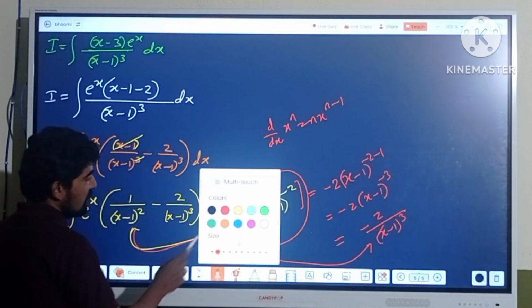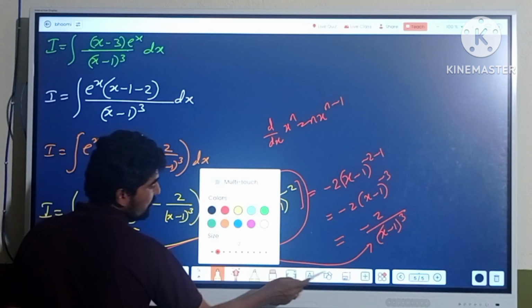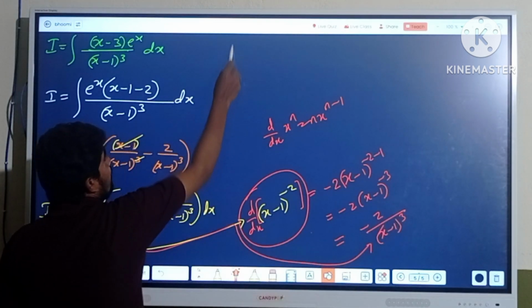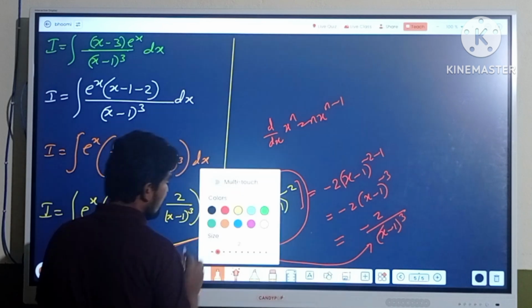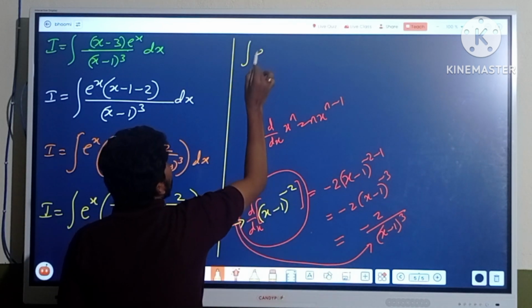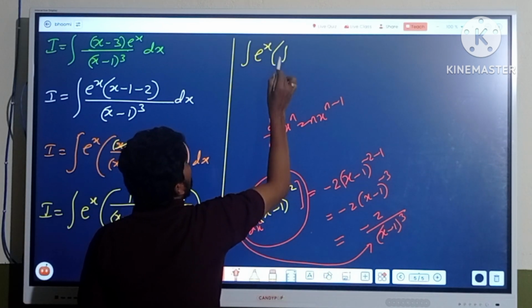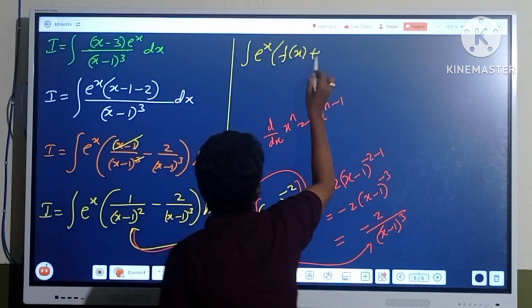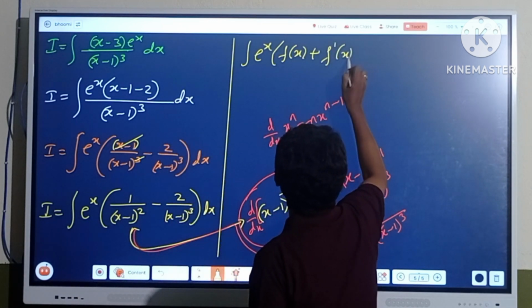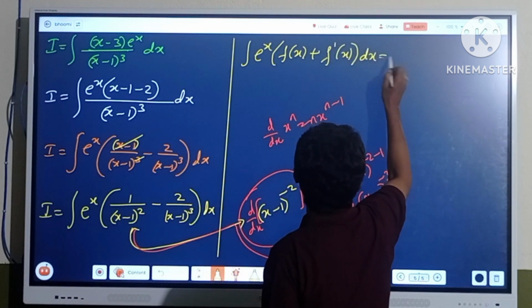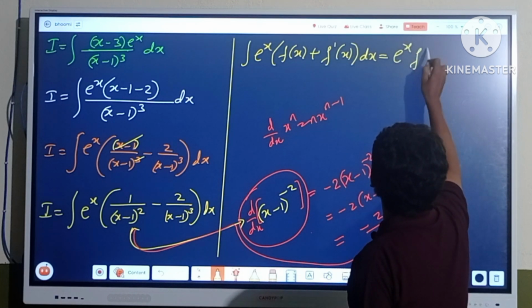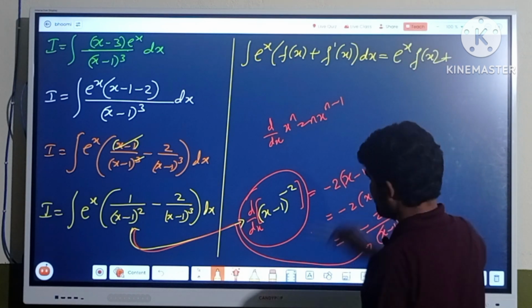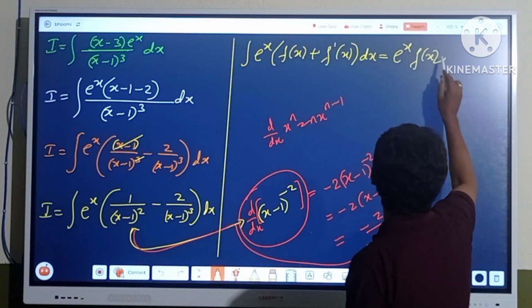So it means this I is of the form integration of e power x into [f(x) plus f dash x] with respect to x, and we know the formula for this integral: e power x into f(x) plus integral constant c.